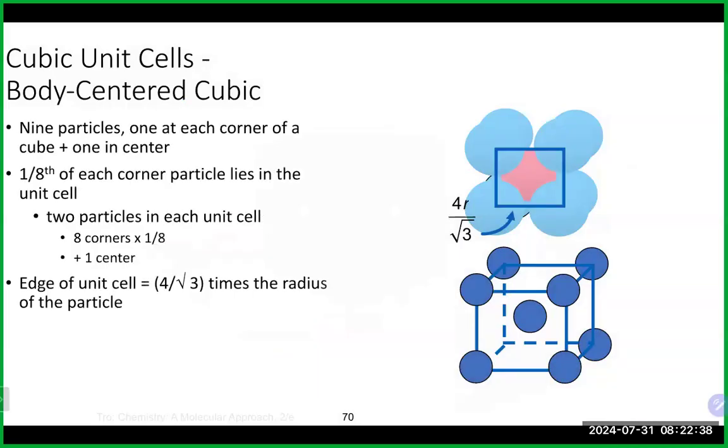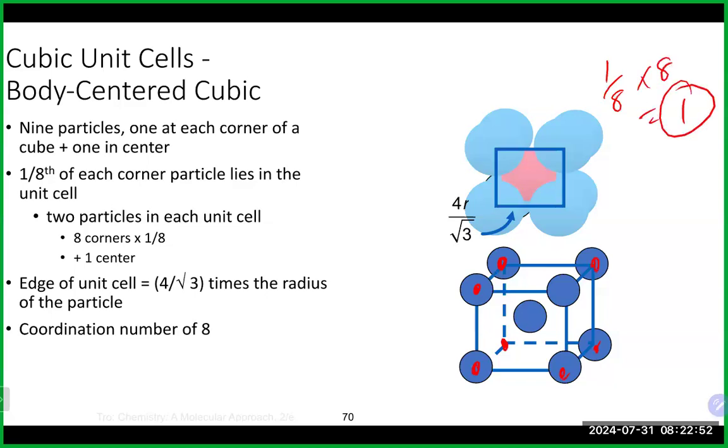Body-centered, as you can see here in this closer view, has really the same atom in the corners. So it's got the 8 corner pieces, which gives you 1 atom total. Different than the previous one, though, which is why it's called body-centered: right there in the middle of the body of the cubic cell is a whole atom.